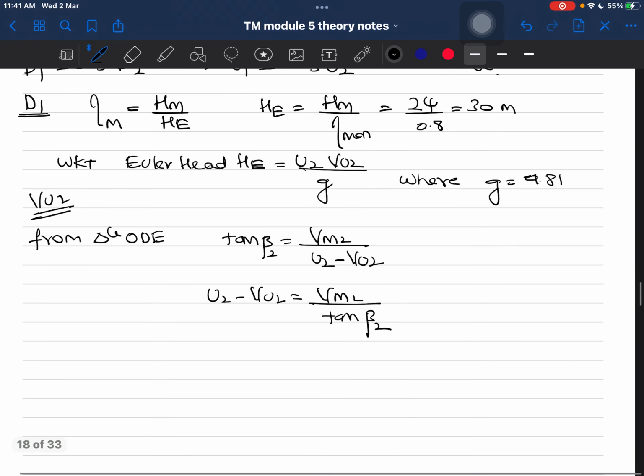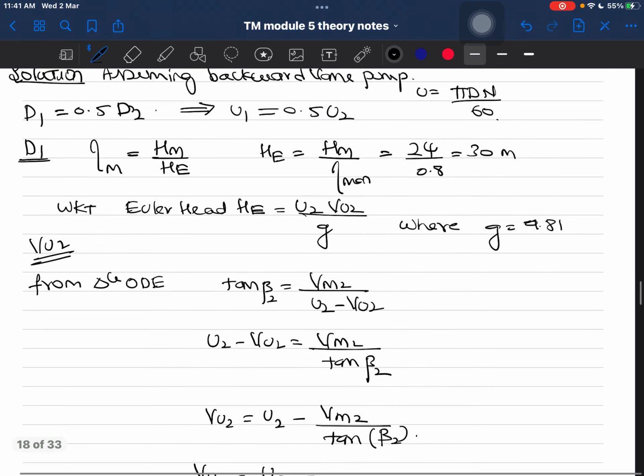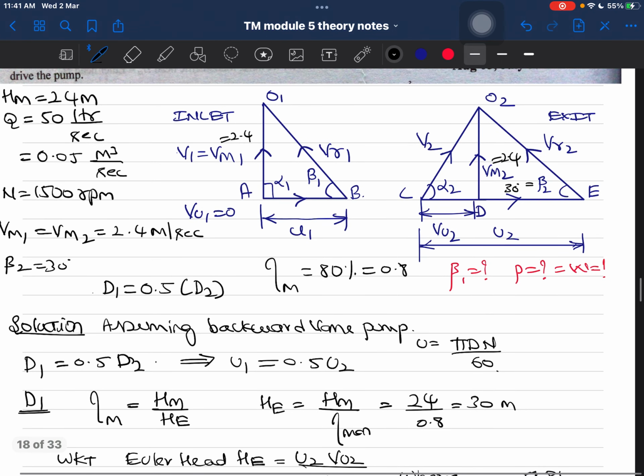Now from this, Vu2 is equal to U2 minus Vm2 divided by tan of beta 2. Vm2 is 2.4.